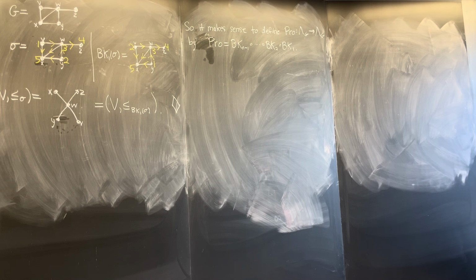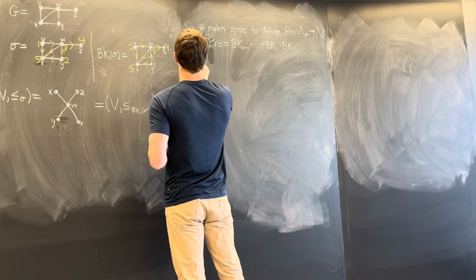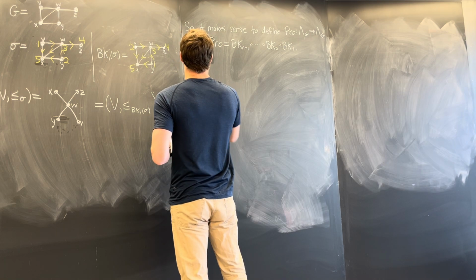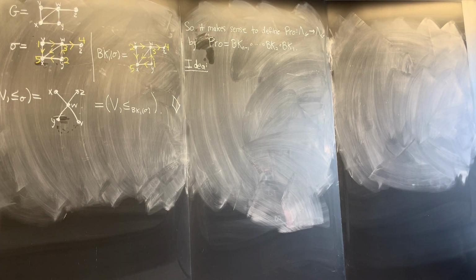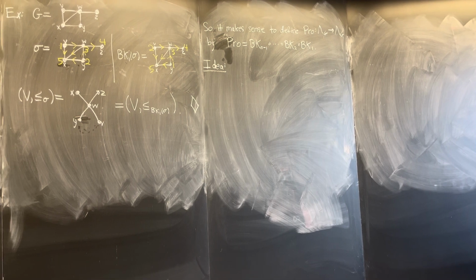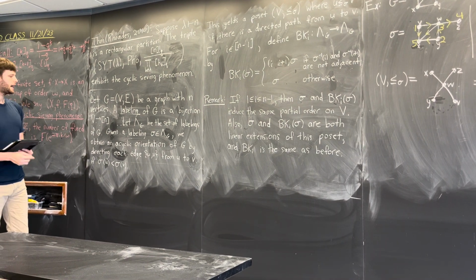So I had this idea like 2 years ago. So here's the idea. Well, let me do this. I defined a labeling of G to be a bijection from V to bracket n.